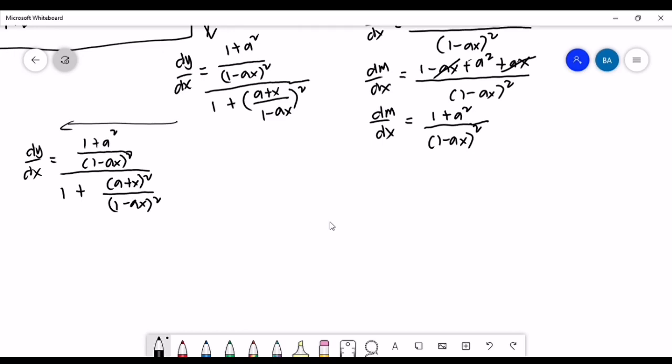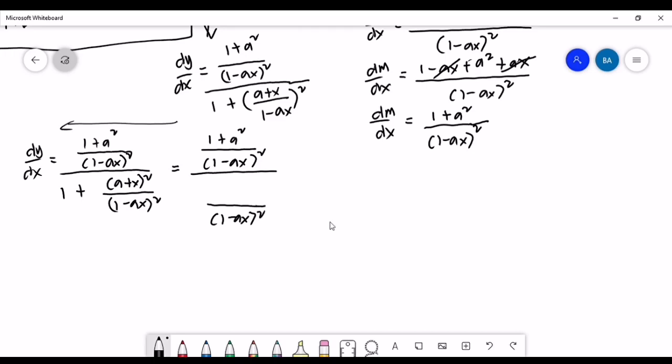So our answer would be, let's copy the numerator, 1 plus a squared over (1 minus ax) squared, over, let's find the LCD in the denominator, (1 minus ax) squared.